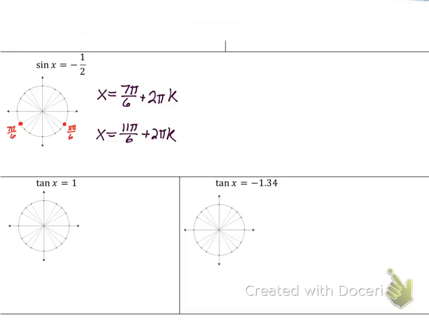All right, that changes our set builder notation just a little bit, because now we're going to have two possibilities.